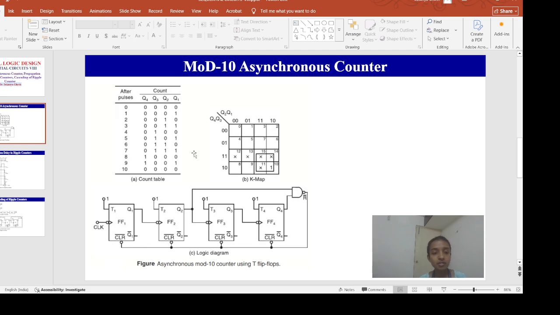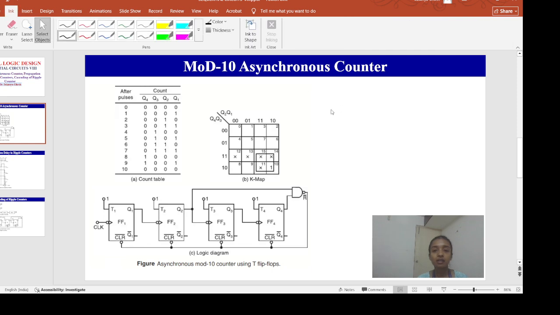It requires 4 flip-flops, and the smallest value of small n satisfying the condition is, we know, 10 is less than or equal to 2 to the power small n, where small n is equal to 4.